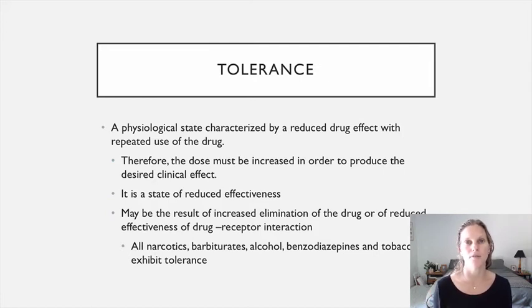You can see on the bottom of the slide what drugs absolutely exhibit tolerance, and those are all the narcotics, of which opioids are an example, barbiturates, alcohol, benzodiazepines, and tobacco, nicotine, right. So that means in order to continue to get the benefit or achieve the desired clinical effect, you have to continually increase the dose of the drug.